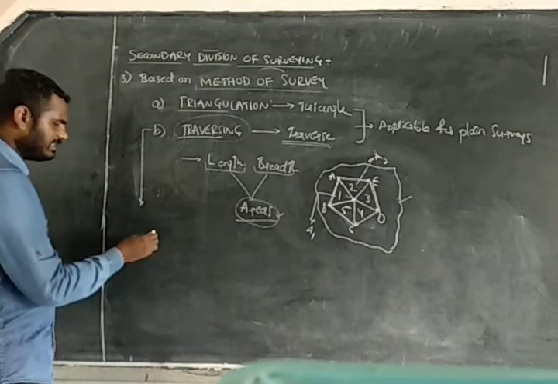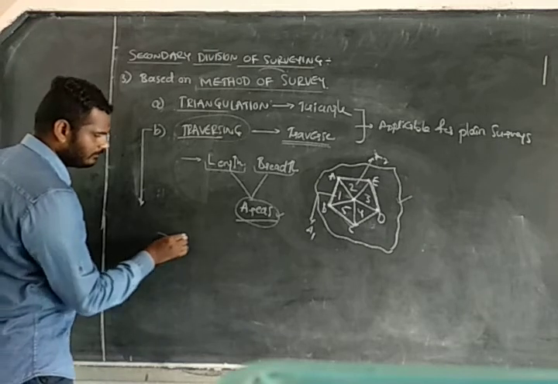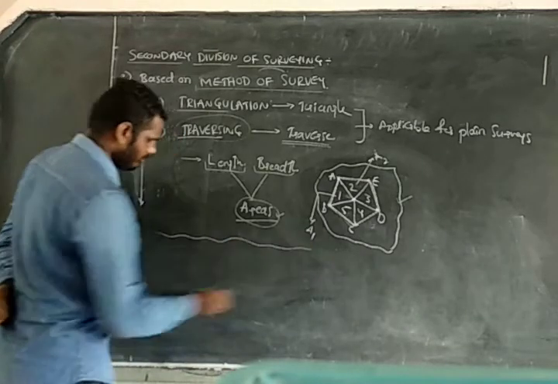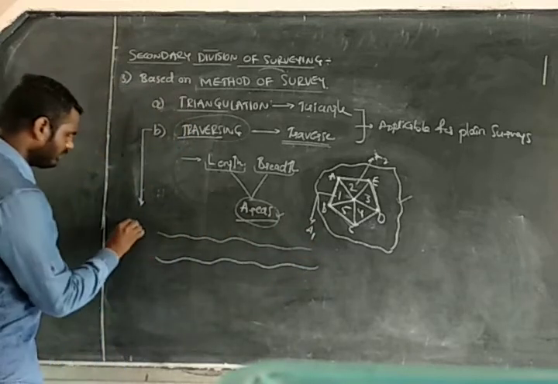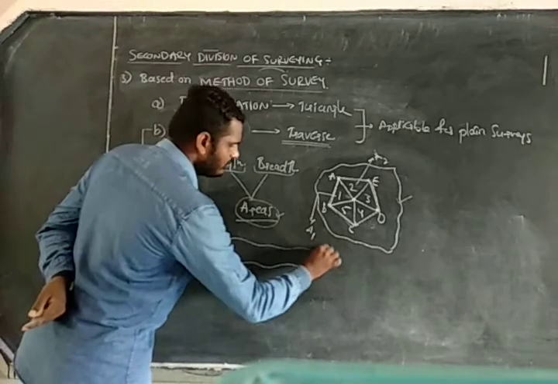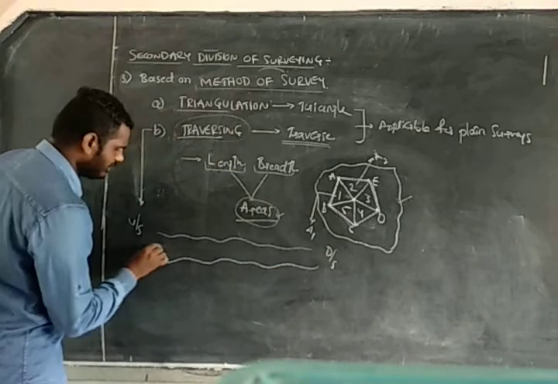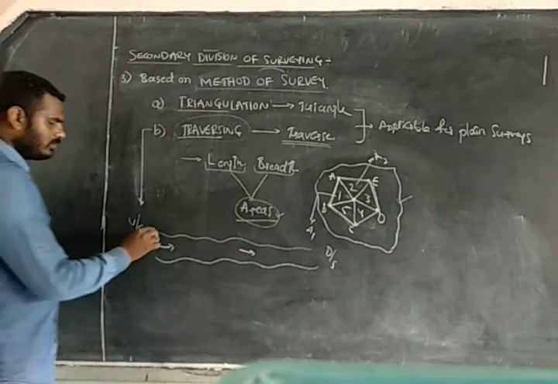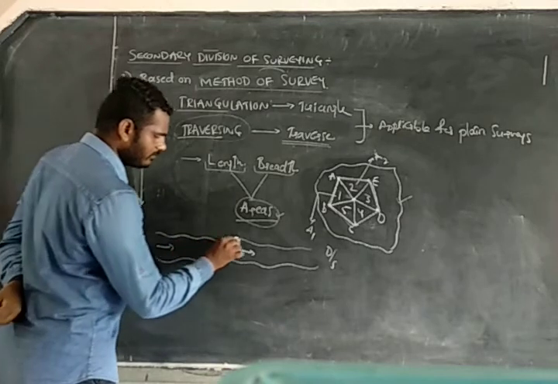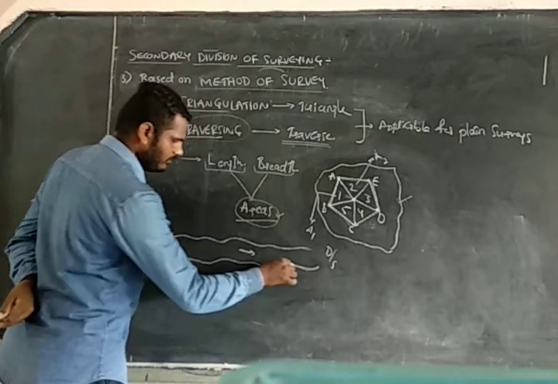First suppose let us take there is a river which is flowing like this. There is the Ganga river which is flowing from upstream to downstream. So let us take this as the direction of the flow. Okay. So this is the flow line.